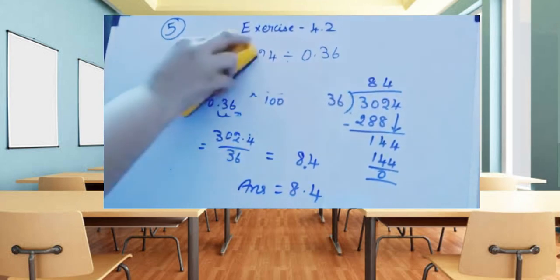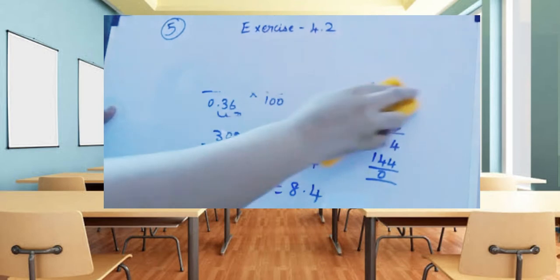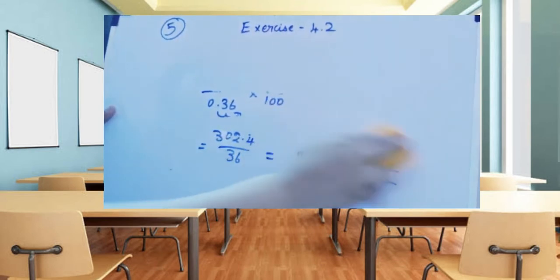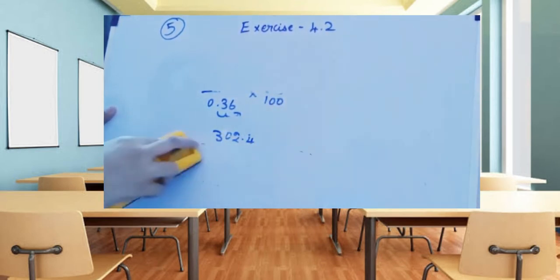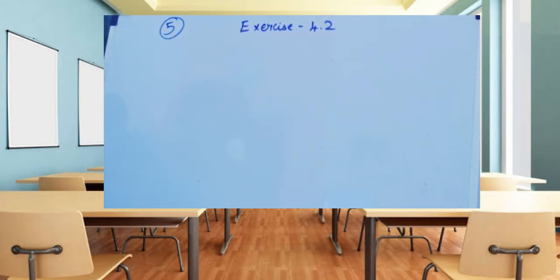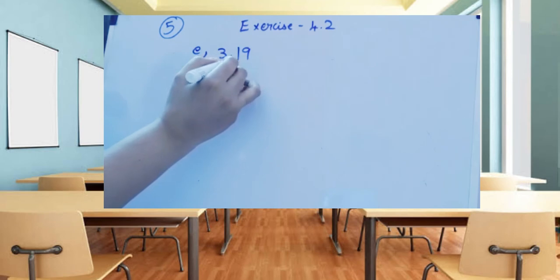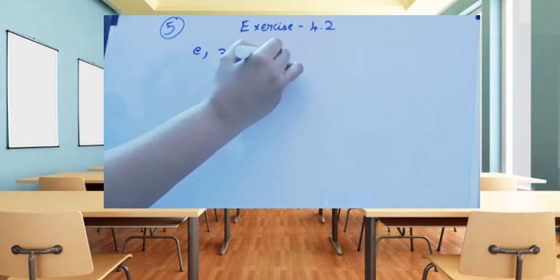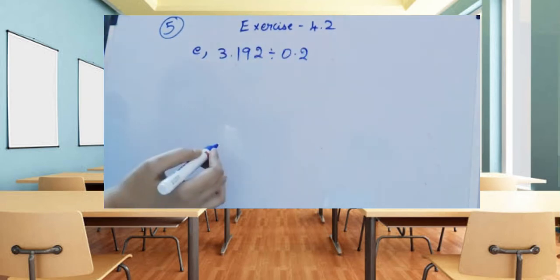E. The fifth one is 3.192 divided by 0.2.